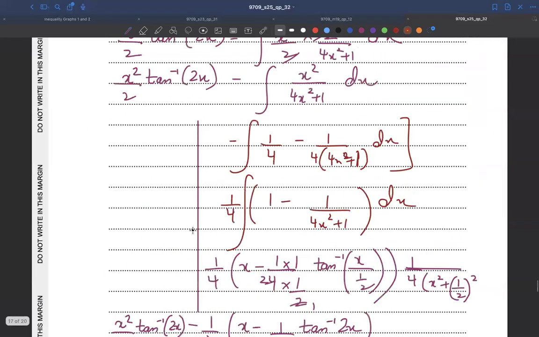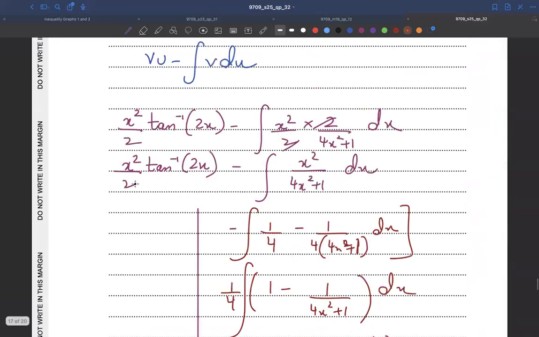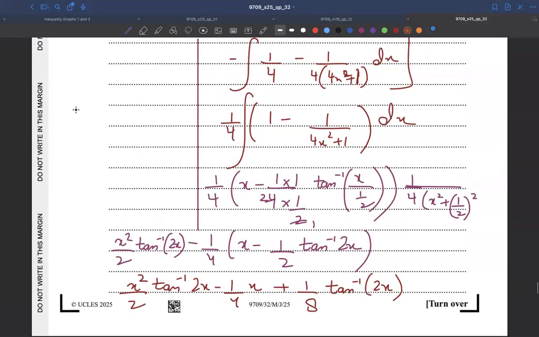So first substituting x equals to 0.5, we'll get 0.5 squared upon 2 tan inverse of 2 into 1 is 1 minus 1 upon 4 into 0.5 is 1 upon 2 plus 1 upon 8 tan inverse of 2 into half, that is again 1, and then subtracted from the lower limit, which is 0. So tan 0 is 0. So with the 0 limit, everything will cancel out and we'll have only this term remaining.